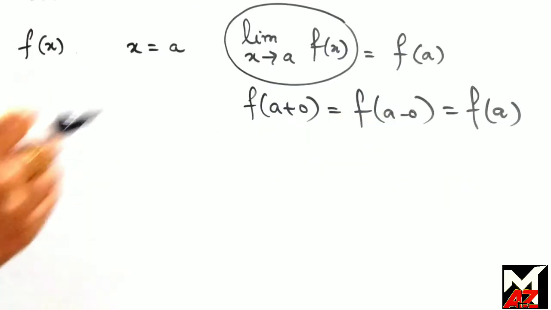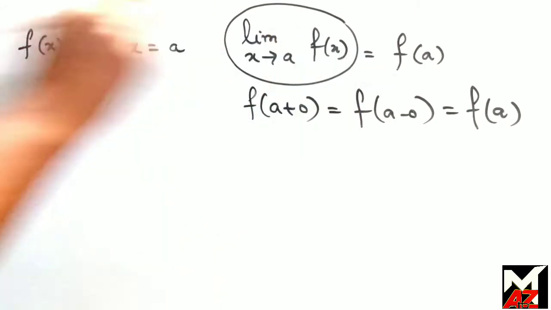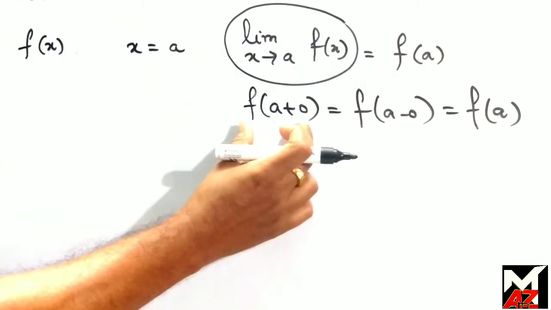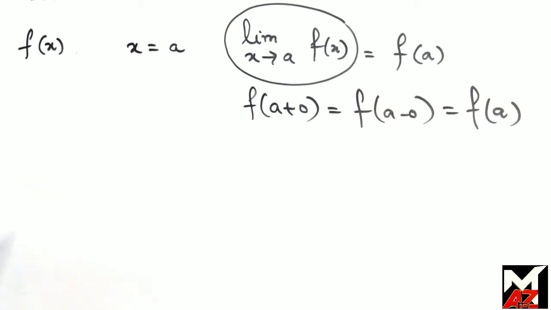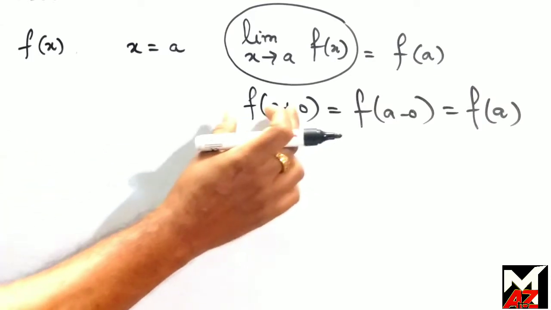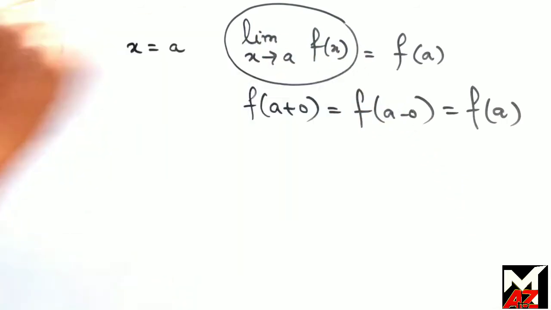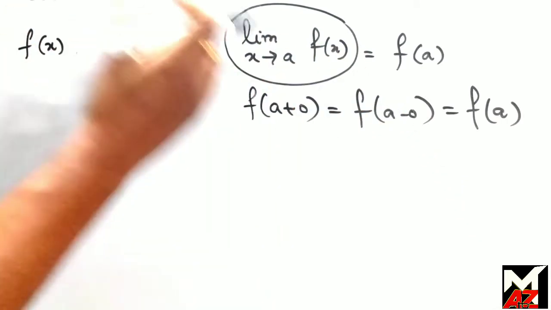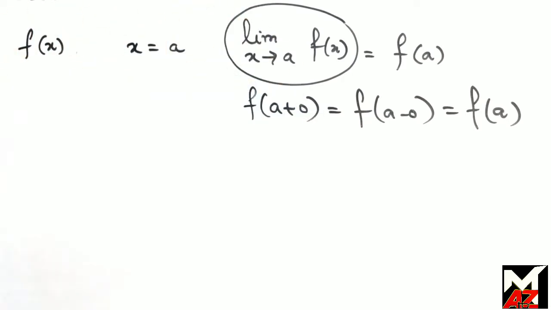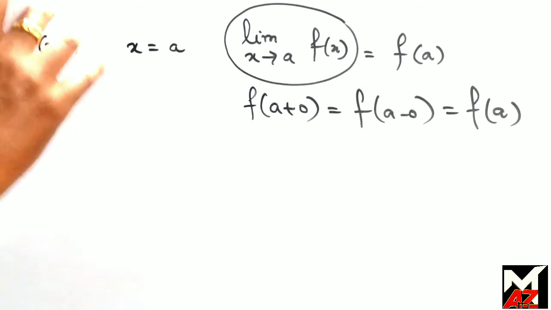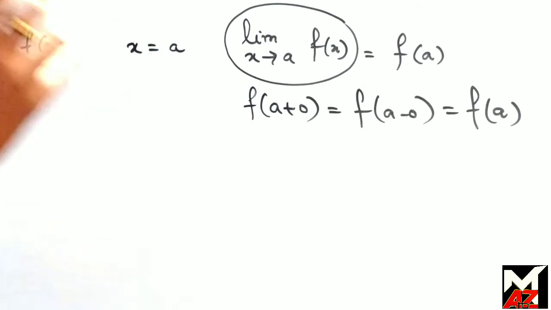Now, if any one of these conditions fails, like if the right hand limit does not exist, or the right hand limit and left hand limit exist but are not equal, or the right hand limit is infinity, so many cases arise, and these are the types of discontinuity.